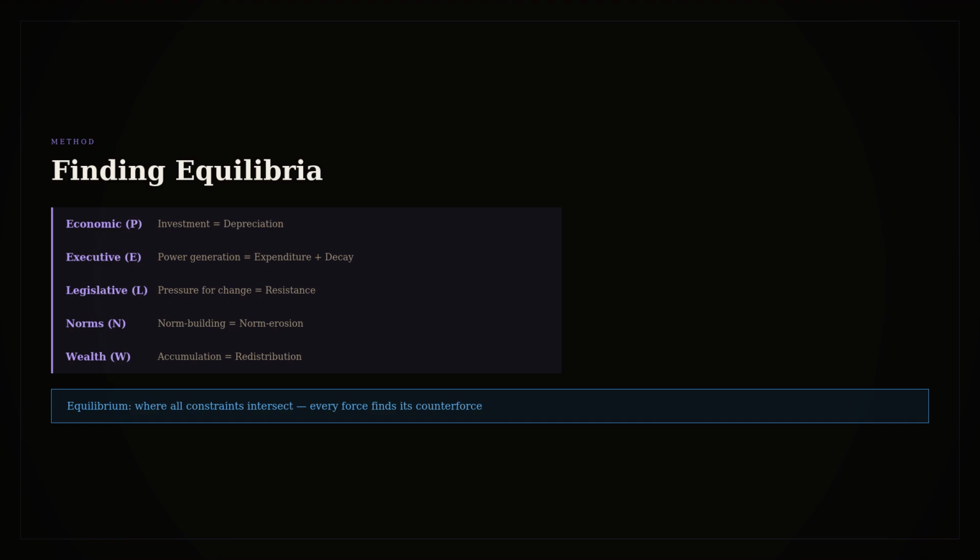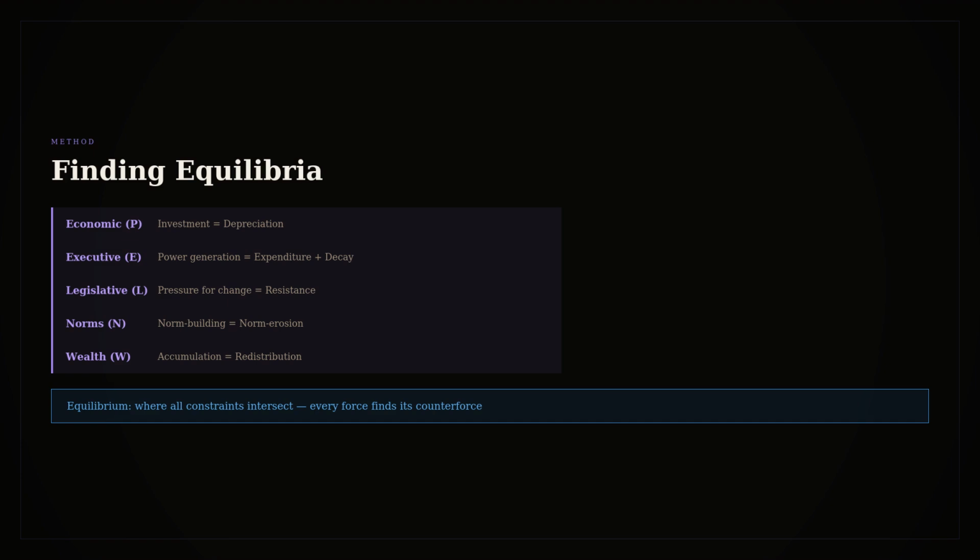How do we find equilibria in Saylor's model? We set each differential equation to 0 and solve the system simultaneously. This is easier said than done with 5 nonlinear equations, but the structure helps us. Start with the economic sector. At equilibrium, production capacity P is constant. That means investment equals depreciation.